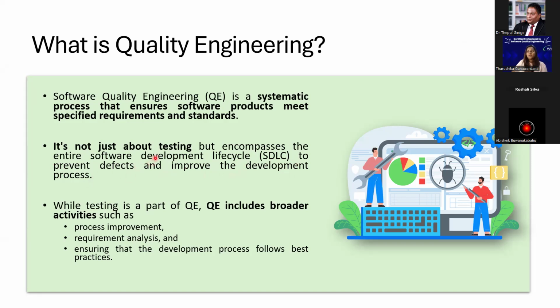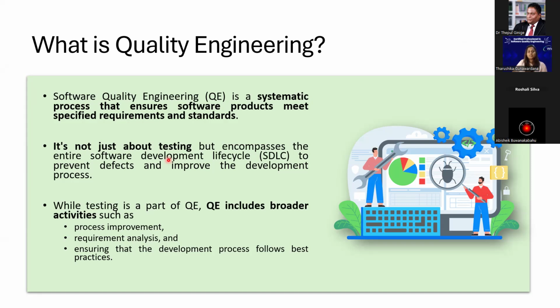When we are checking whether the particular software is meeting the client requirements or not, that can be achieved by testing. But when we are doing the testing, it's not just testing. That means we have to be involved in the entire software development life cycle. Starting from the requirement phase, we go through the requirements and check whether the requirements are clearly written and whether the user needs are fulfilled in the given requirements or not.